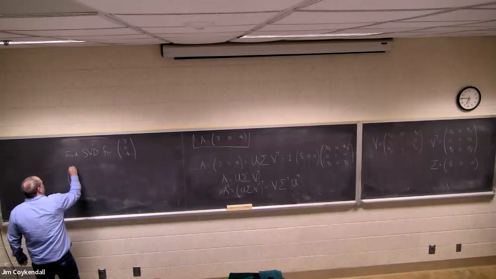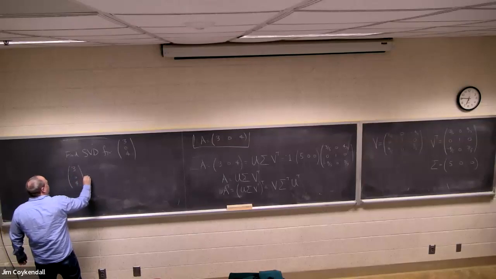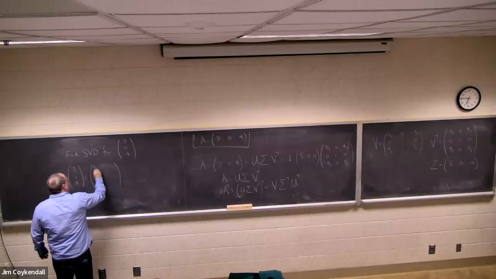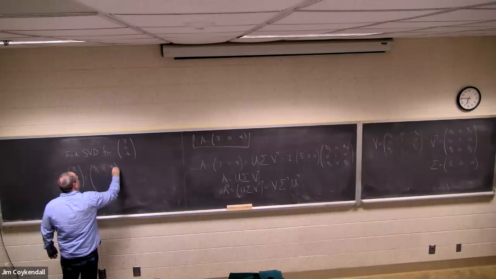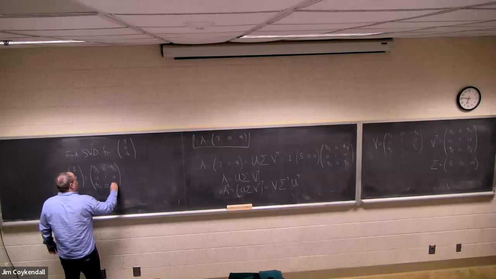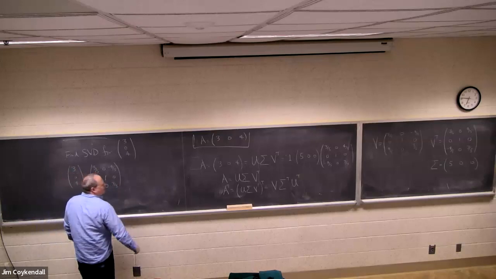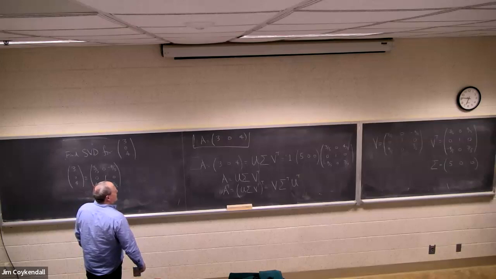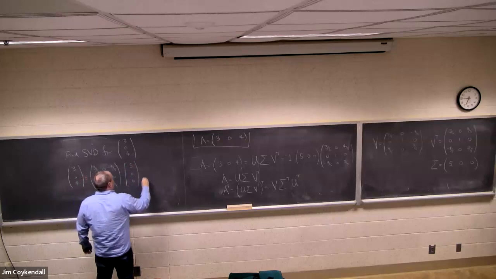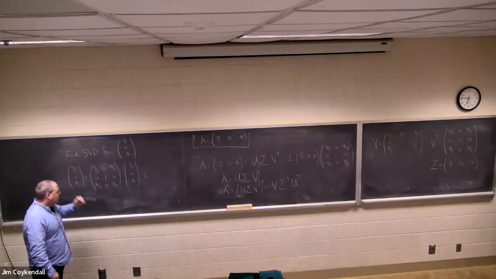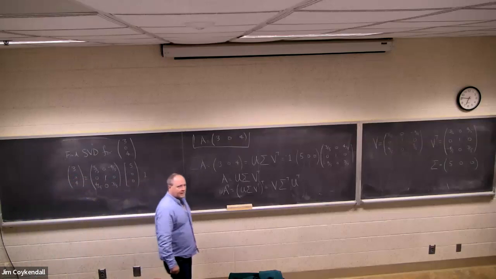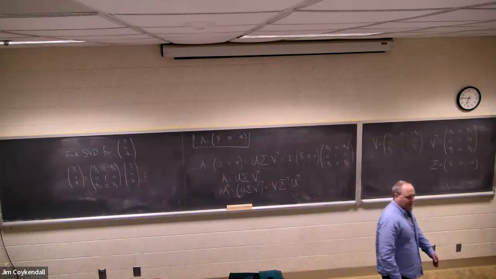So it should be 3 0 4 is equal to the original V, 3/5 0 minus 4/5, 0 1 0, and 4/5 0 3/5. And let's see, the transpose of sigma, I guess that would be 5 0 0. And the transpose of U is 1. Right? And you get 3 0 4. Perfect. That's much easier than going through the whole process again, isn't it?